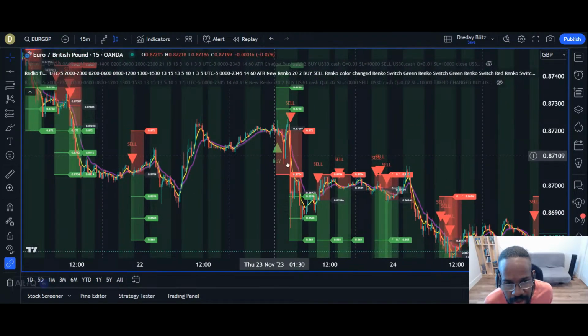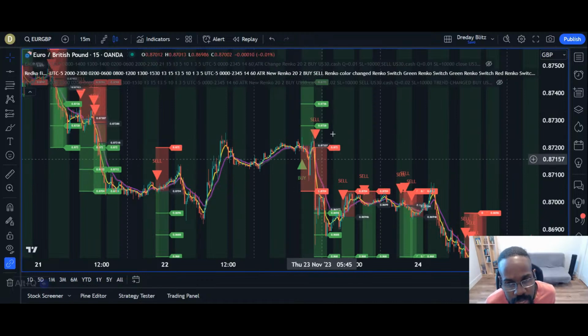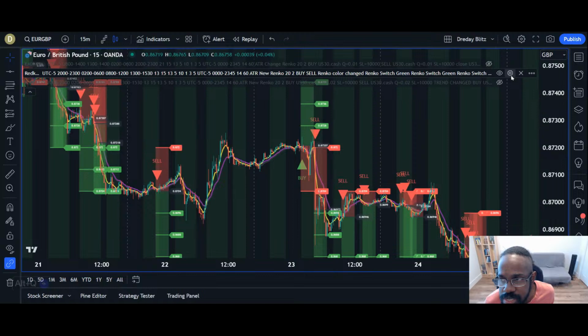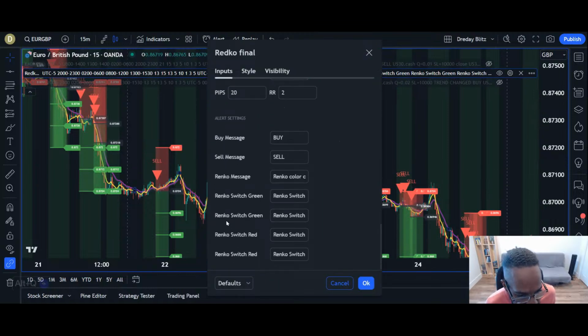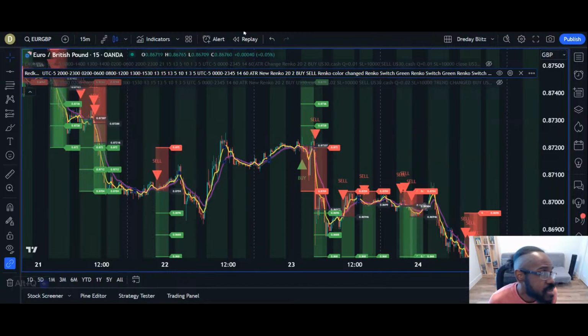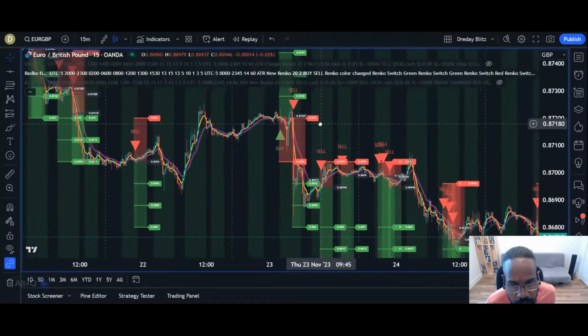Okay, so you may have some losses for sure, but the thing with the new version is that you're gonna receive a notification, if you set up alerts, saying that the Renko is switching from green to red. So let's say you were in the buy here and it's switching to red, you're going to receive a notification saying that we're starting a new trend, and then you should receive some sell signals following the trend.